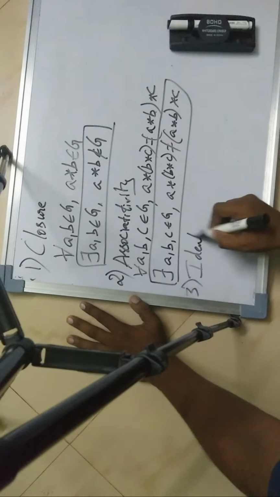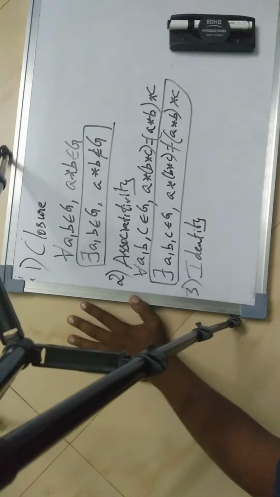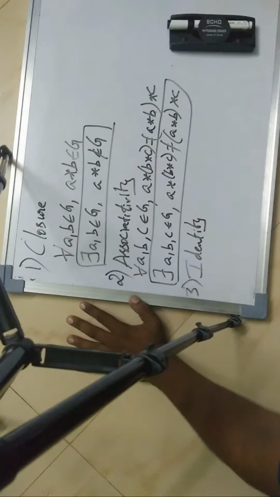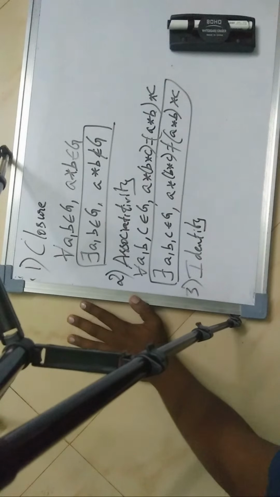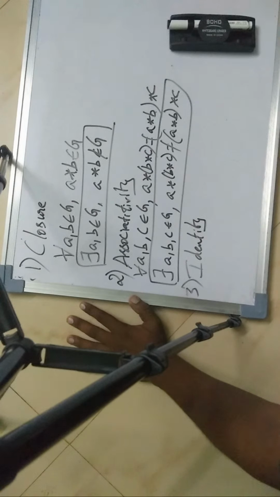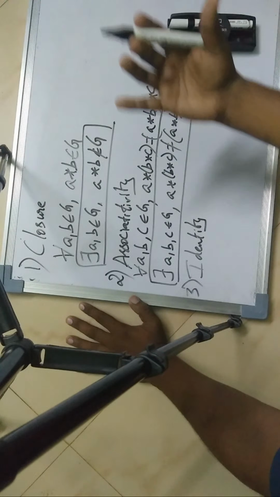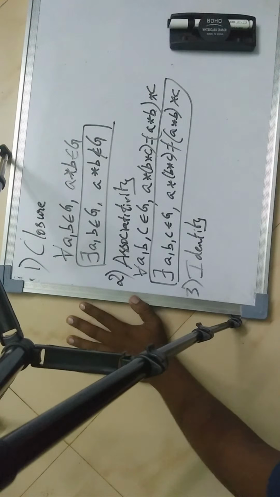So, identity. What does identity refer to? When we saw the motivation part, we saw an element called 0. So what is the use of that element is when you operate any element of the set with that element, you get back the same element. That is, it pulls back to the same element.